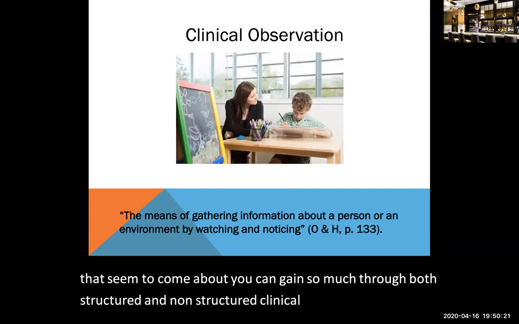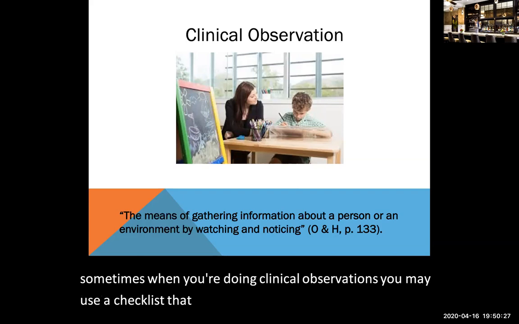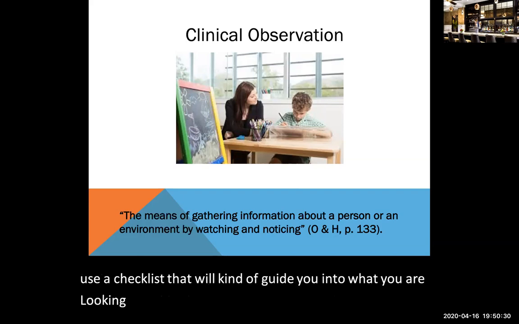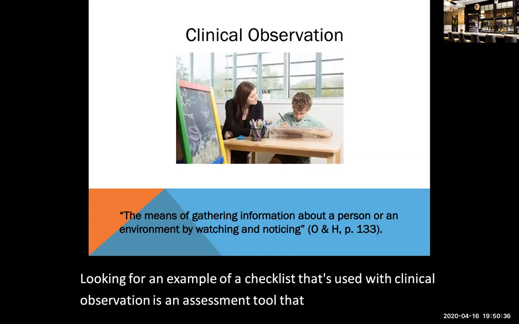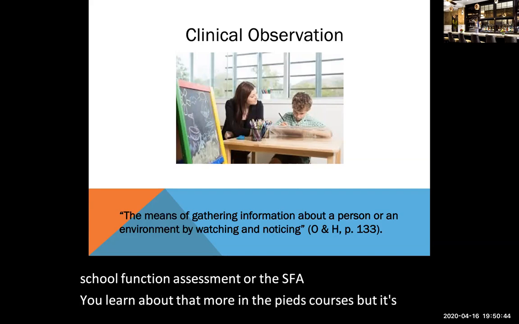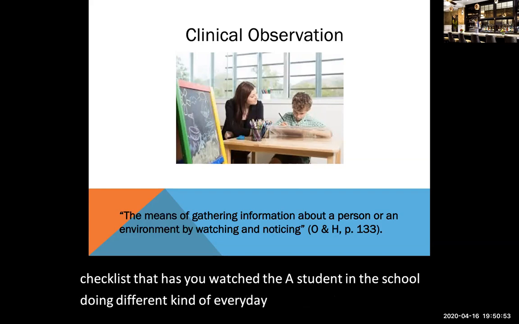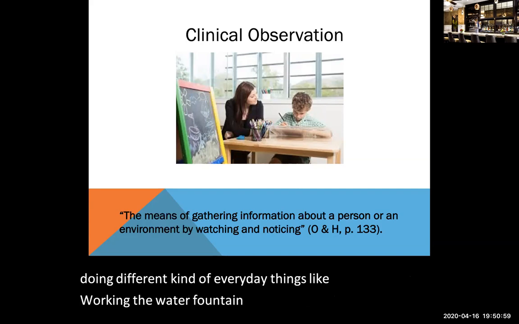Sometimes when you're doing clinical observations, you may use a checklist that will guide you into what you are looking for. An example of a checklist that's used with clinical observation is an assessment tool that I've used a lot called the School Function Assessment, or the SFA. You'll learn about that more in the PEDS courses, but it's a long checklist that has you watch a student in the school doing different everyday things like working the water fountain, holding a door, pushing open a heavy door, sharpening a pencil.